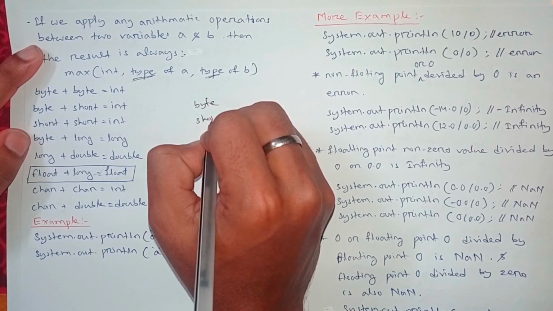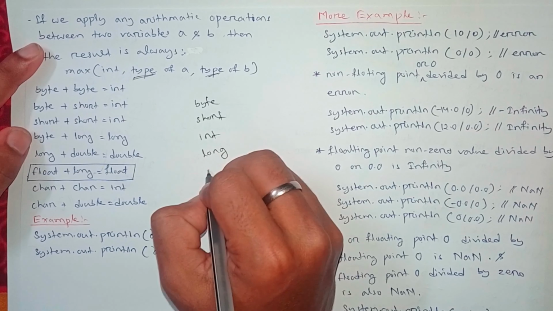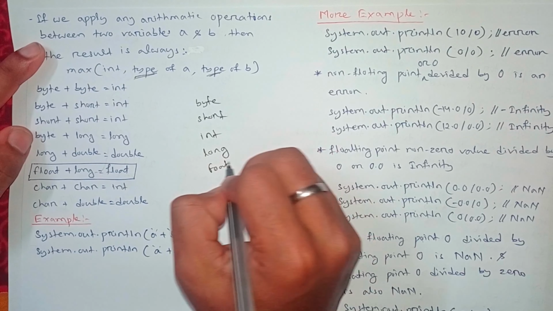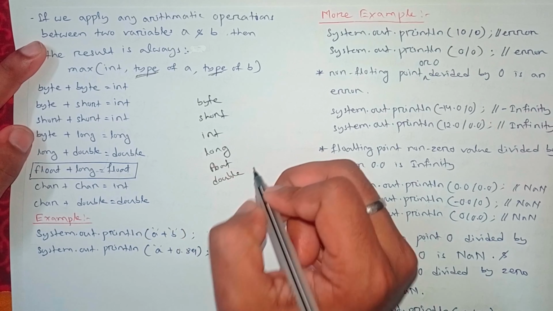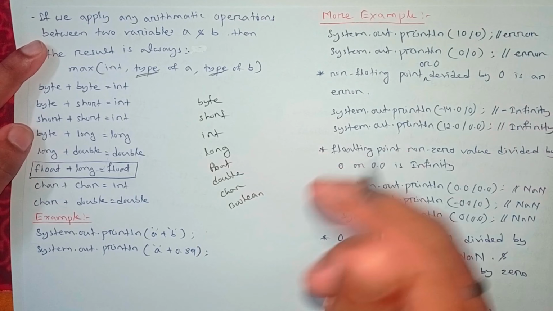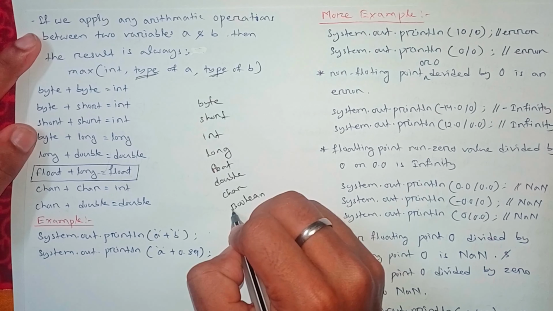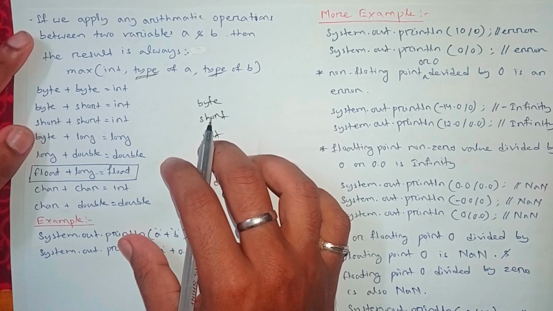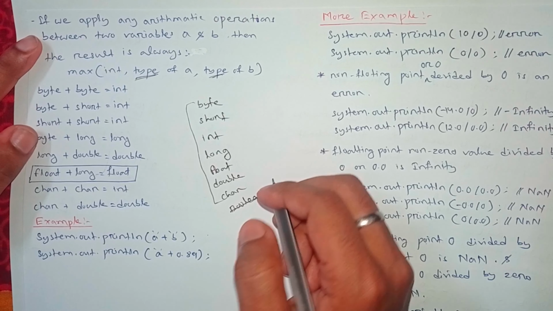We know different data types like byte, short, int, long, float, double, character, boolean. Now leave boolean, because in arithmetic operations we cannot use boolean.